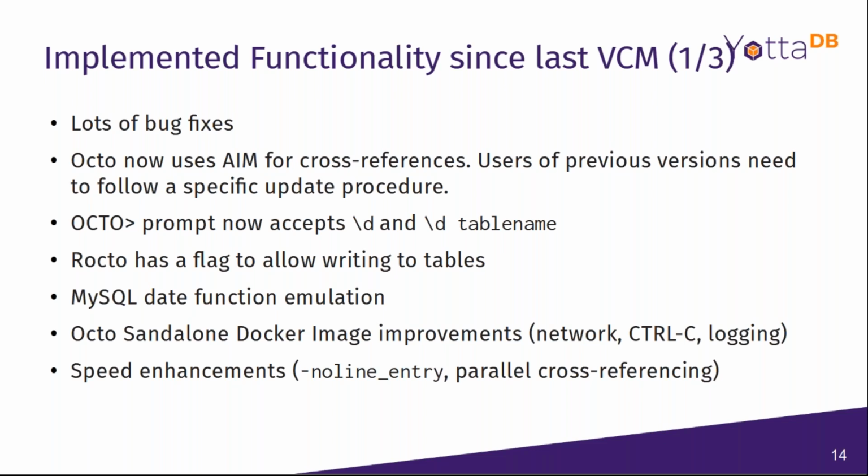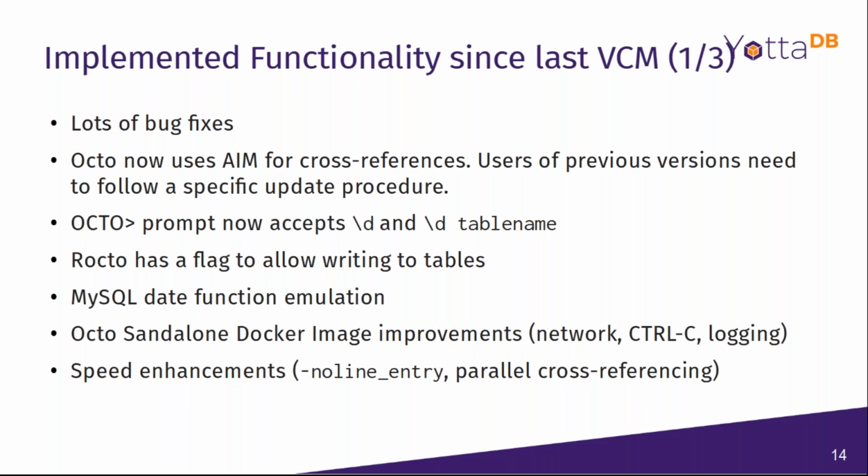One big change that we did over the last year is that we now use something called AIM, which is basically a way to automatically say how your data should be cross-referenced. If you have M data, how it should be cross-referenced, and you could use it for any application, not just Octo.